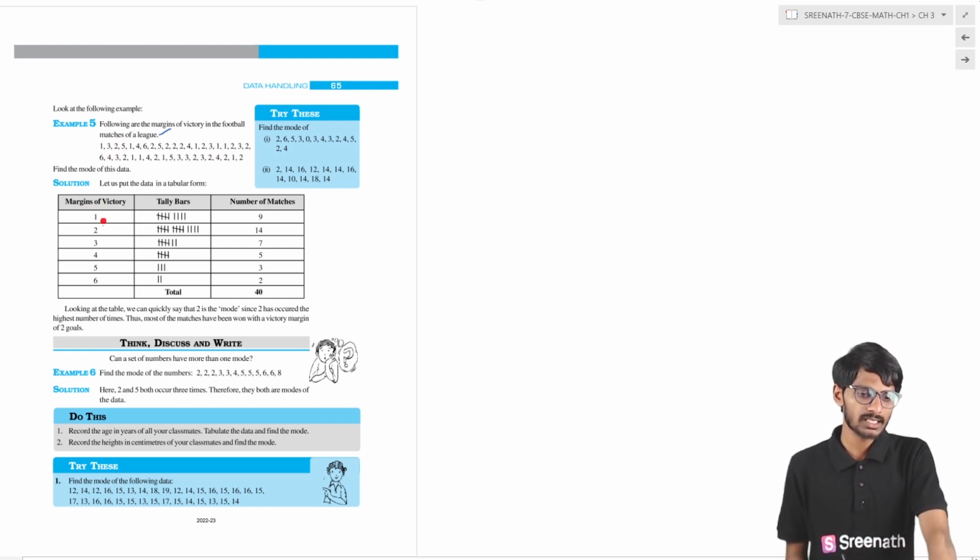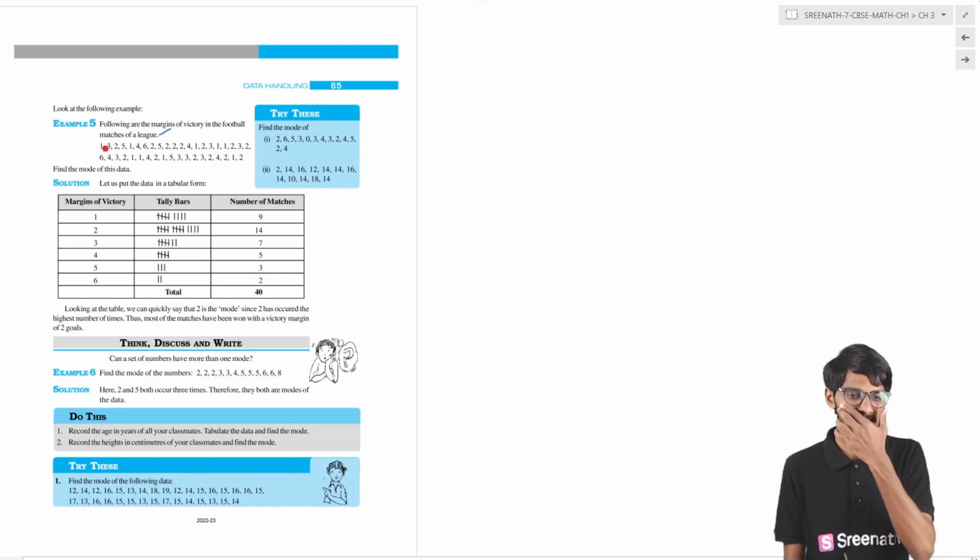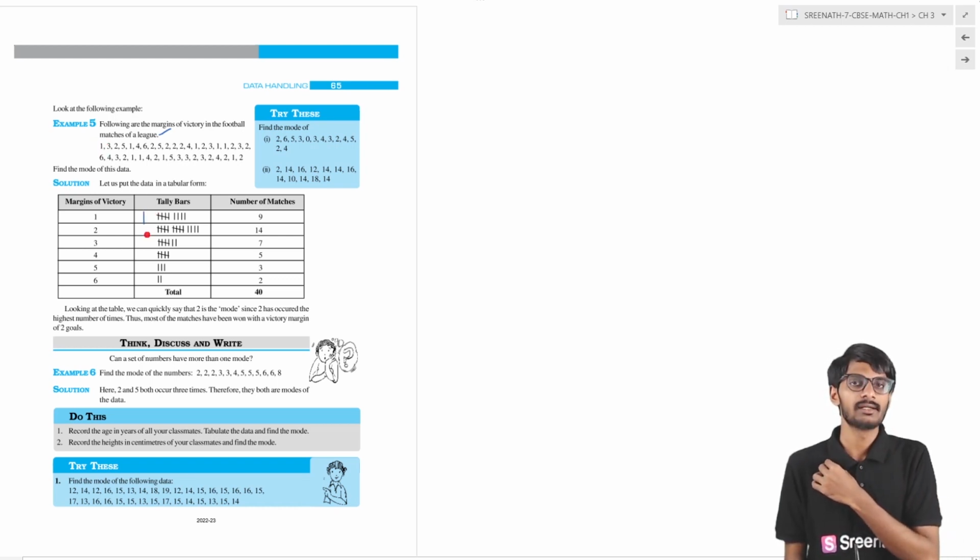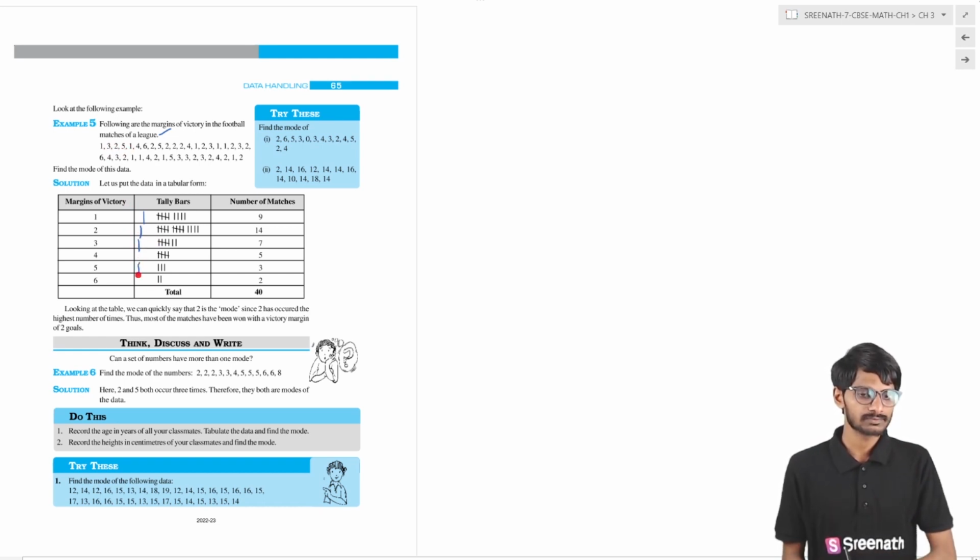First you have to write the margins of victory, and see that the first victory is at margin 1. You draw a bar like this. The next victory is at the third margin, so you draw a bar like this. The next victory is at the second margin, you draw a mark like this. Next is 5. Next is again 1. Whenever 1 is repeated, you draw another bar like that.